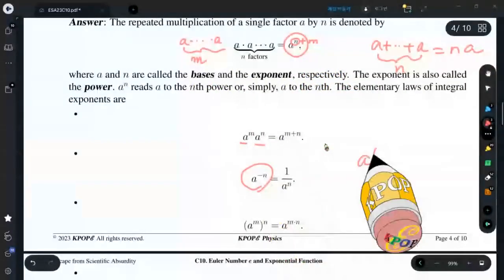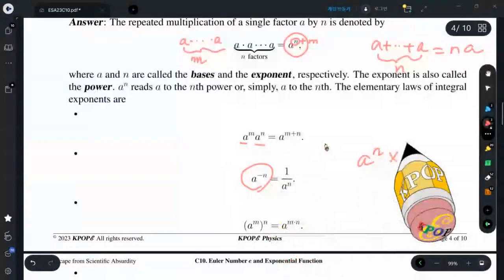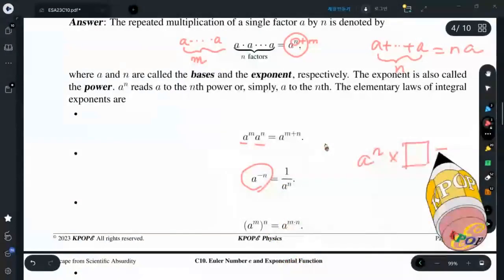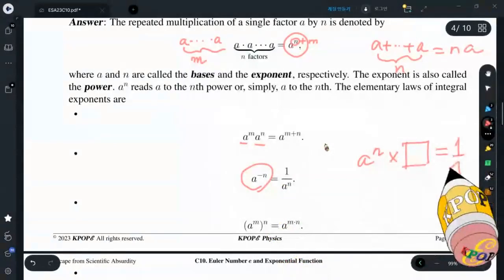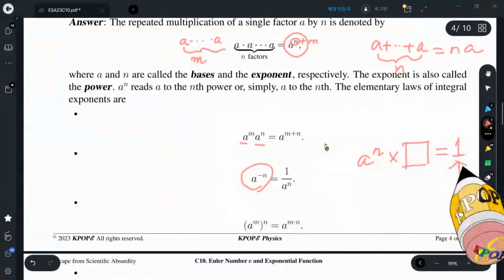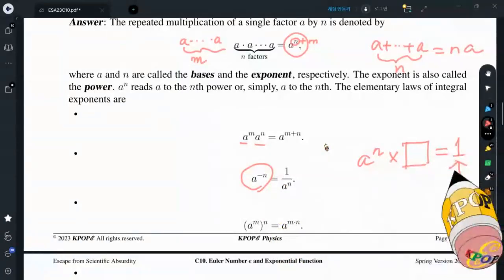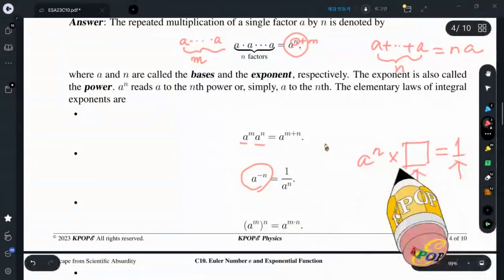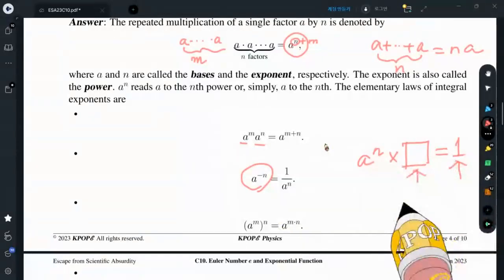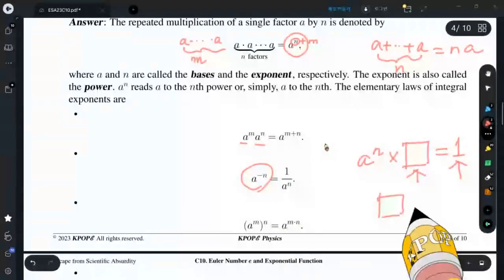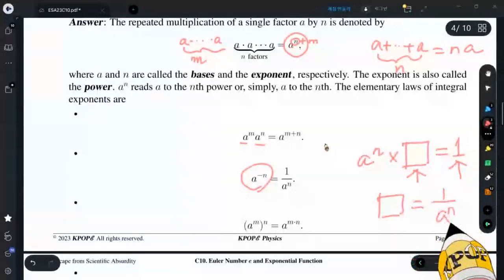So a to the n multiplied by something is 1. So this is the multiplicative identity. I'm looking for the multiplicative inverse. The multiplicative inverse is nothing but this, and this is identical to a to the minus n. Everybody knows.